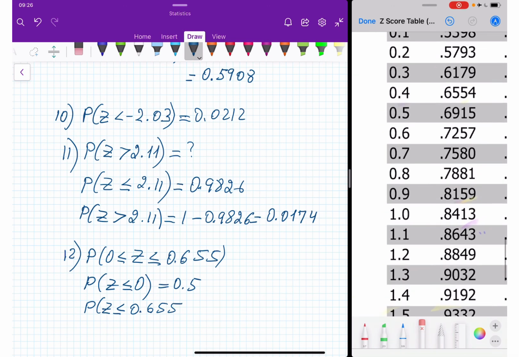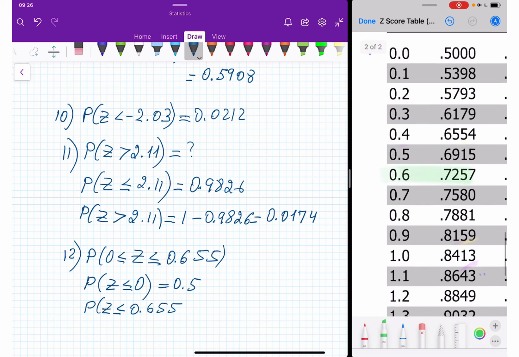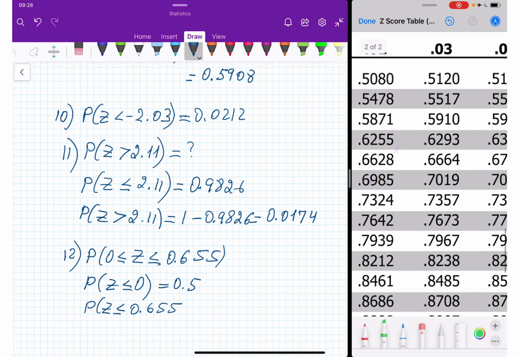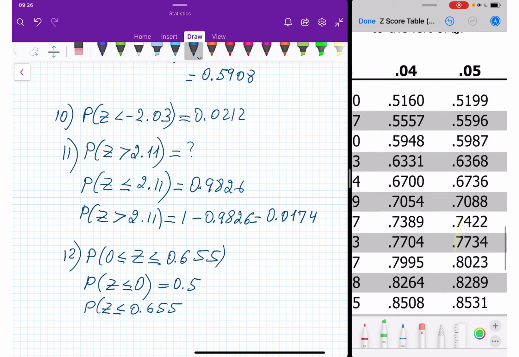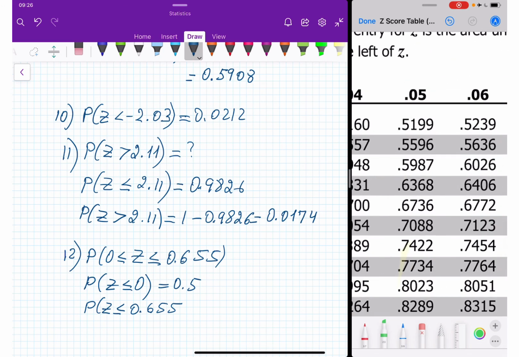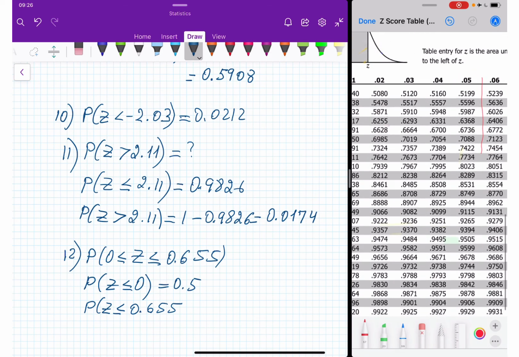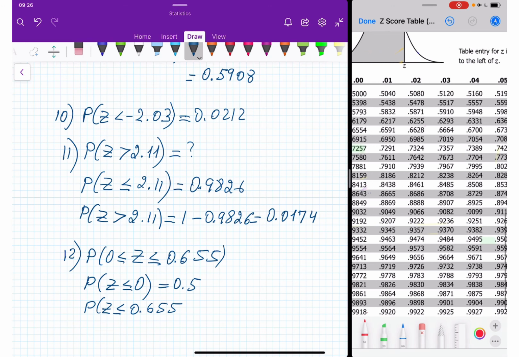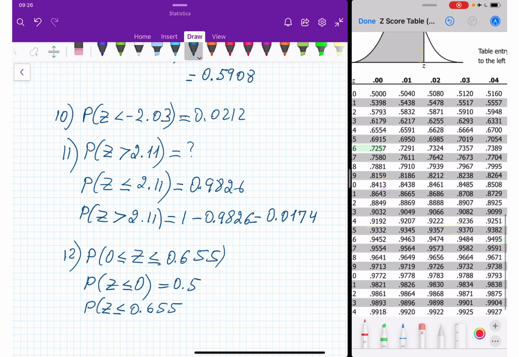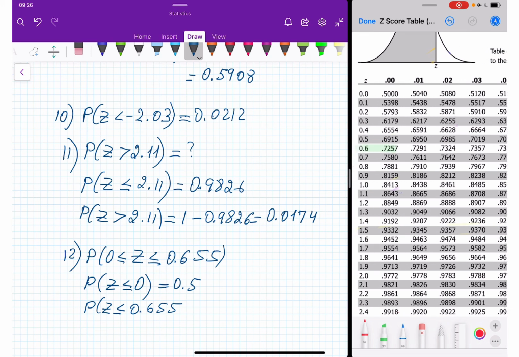0.6, it's right here. And then 5, both of them are coming second number 5, which means 5 is going to fall right in the middle, between 0.65 and 0.66.